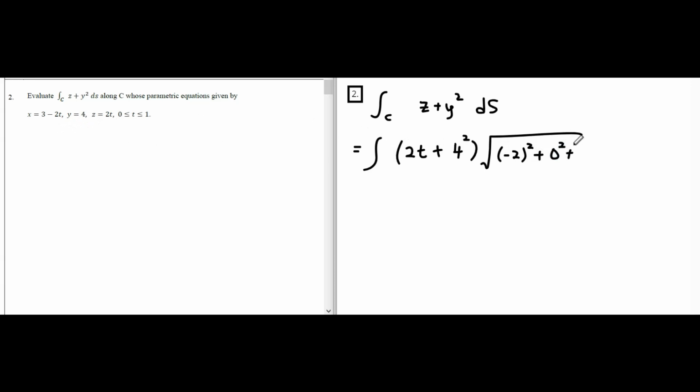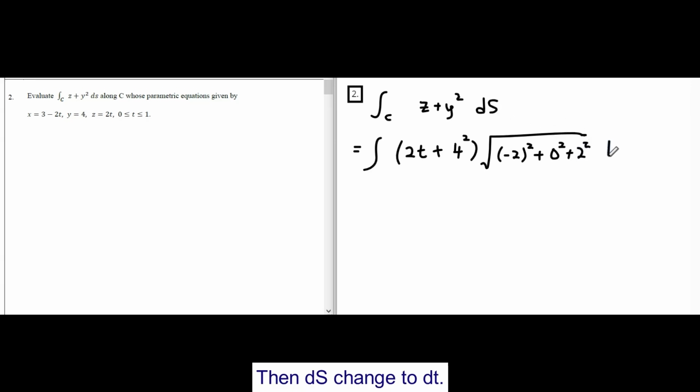Differentiate the z. And ds changes to dt.